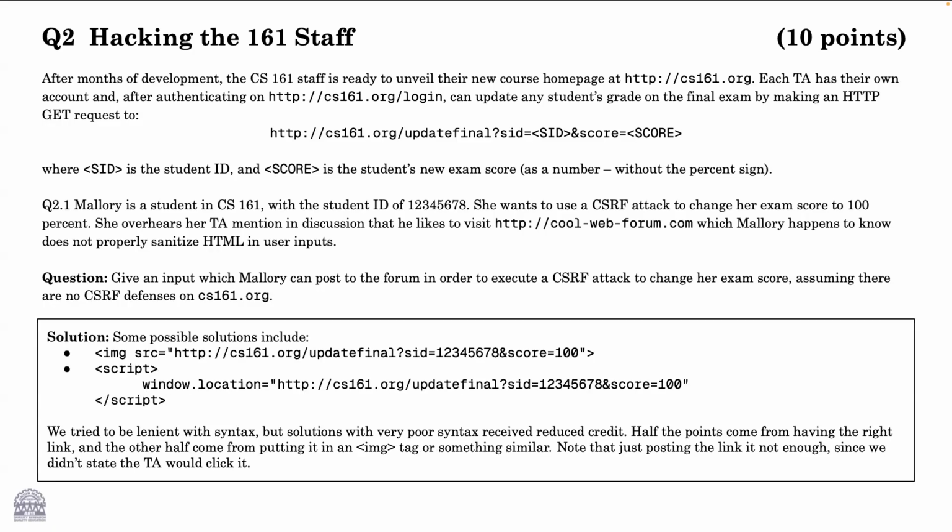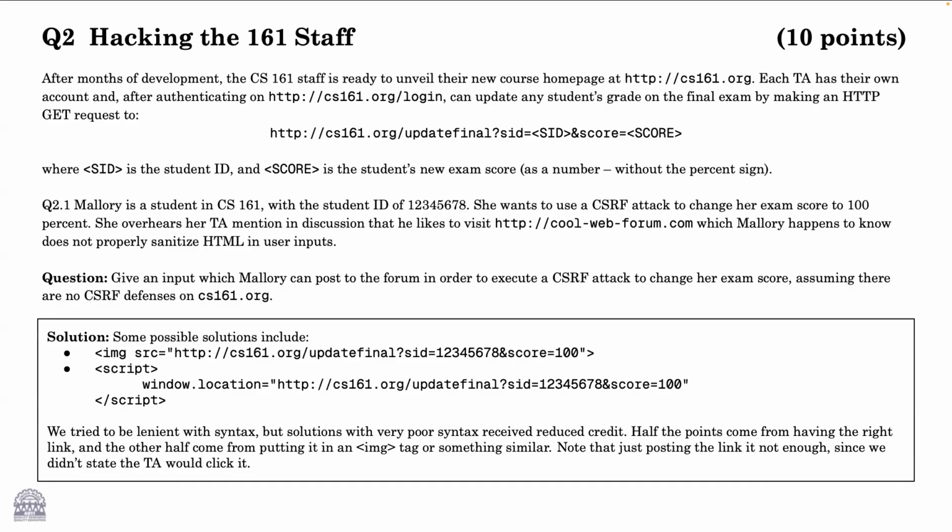Okay, so for this question, you'll construct a stored XSS attack. Mallory will post either an image or a script. There's multiple ways you can do this on the forum so that when the TA loads it in, the request that she wants to execute to change her score will run.